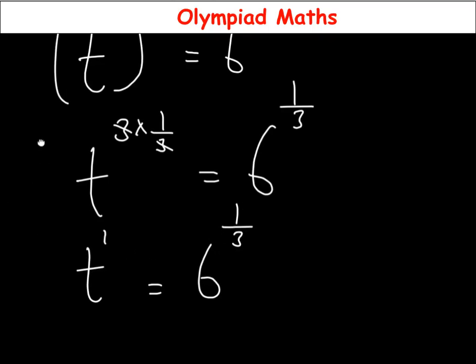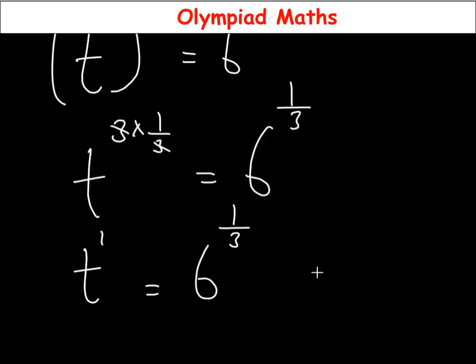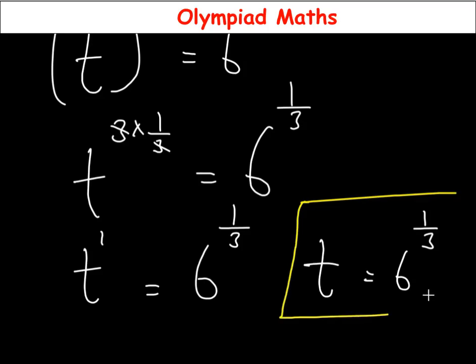And t power of 1 is equal to t, so t is equal to 6 raised to power 1 over 3. So with this, we've gotten the value of t to be equal to 6 power of 1 over 3.